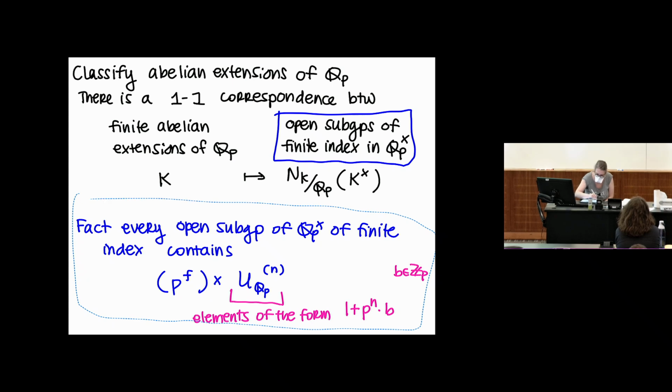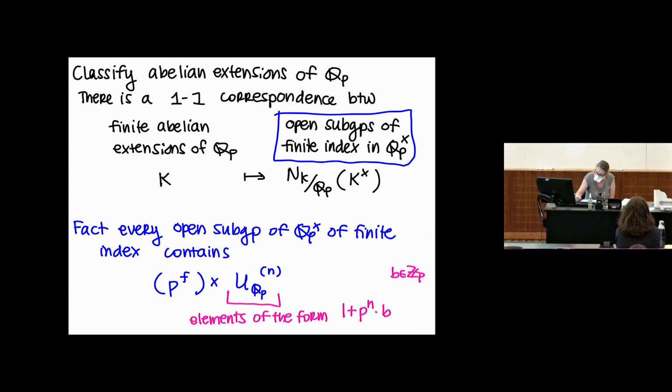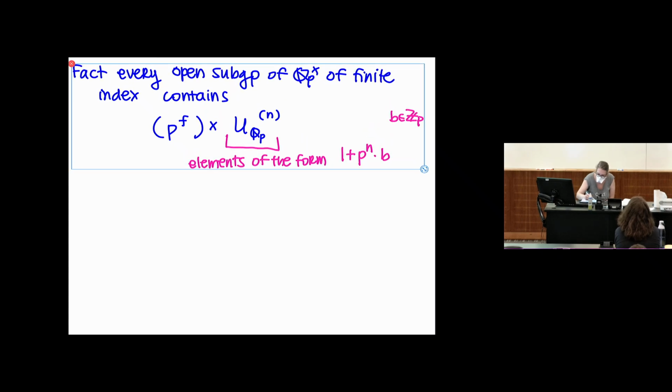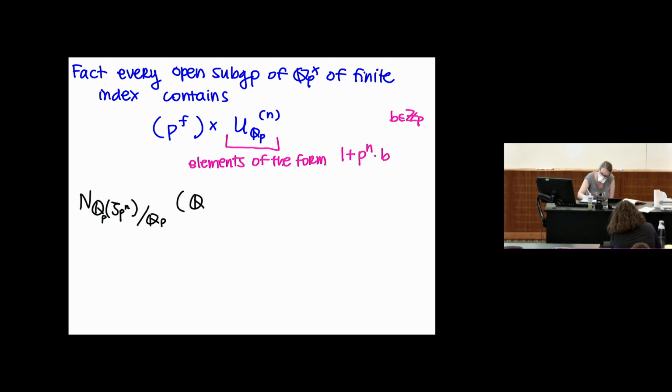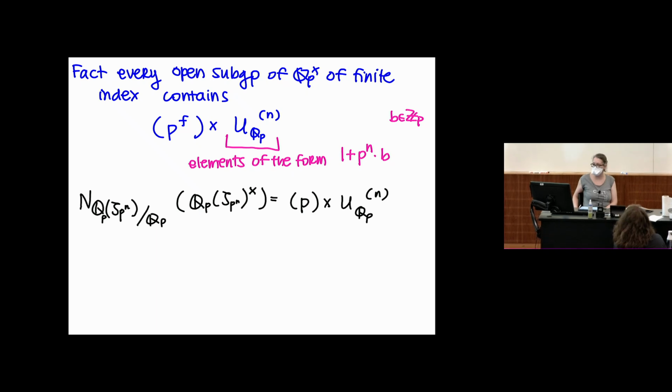We're getting to the good stuff. It turns out that the norm group, if you take the p to the nth roots of unity, is exactly this open subgroup of finite index.